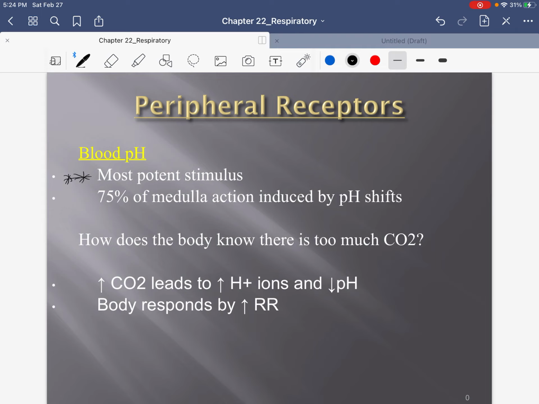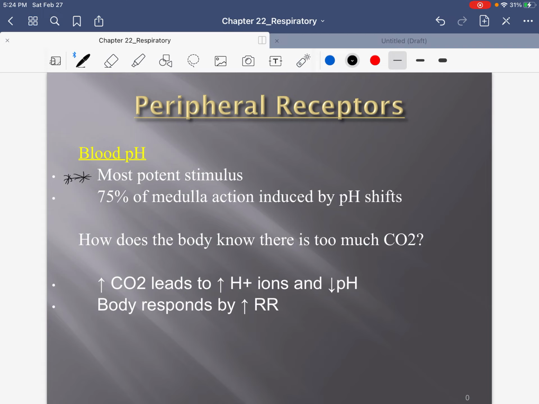I did give you an example. When our CO2 in our blood goes up and blood becomes acidic, the medulla will respond by increasing our respiratory rate. That is the primary way that we get rid of carbon dioxide.